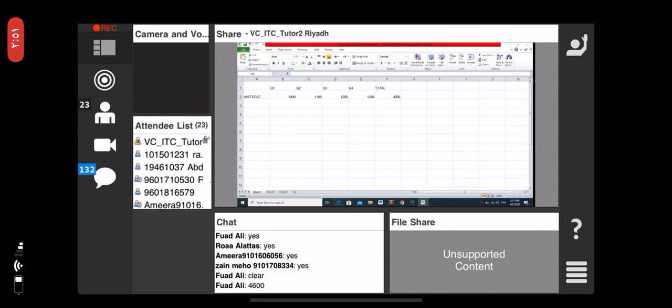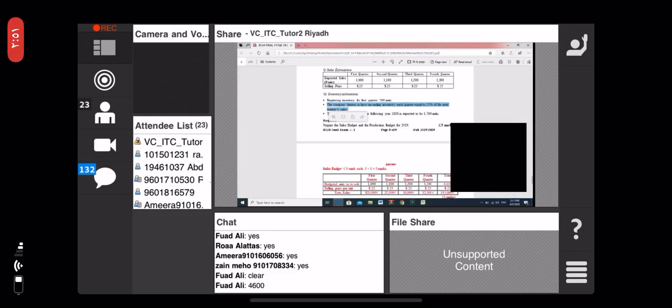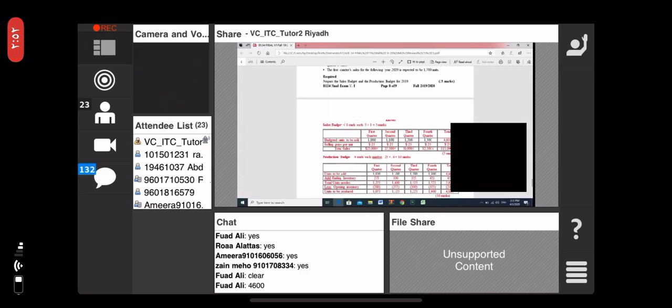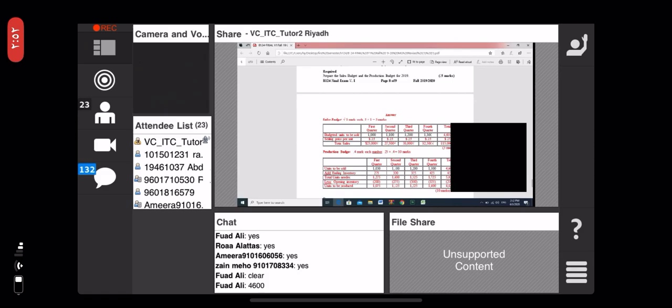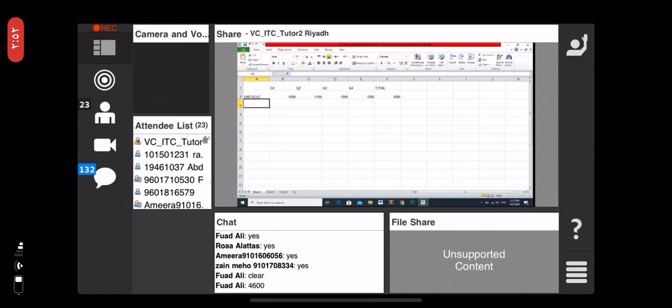And we need to find what? We need to find now the ending and the beginning inventory. Now plus the ending inventory.